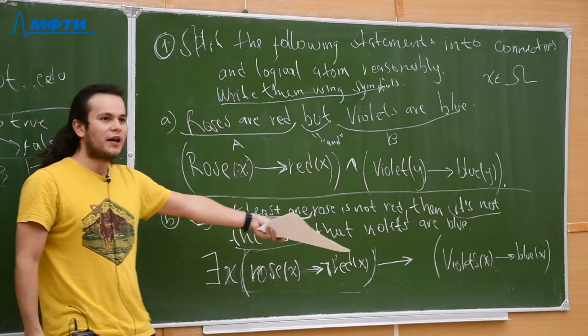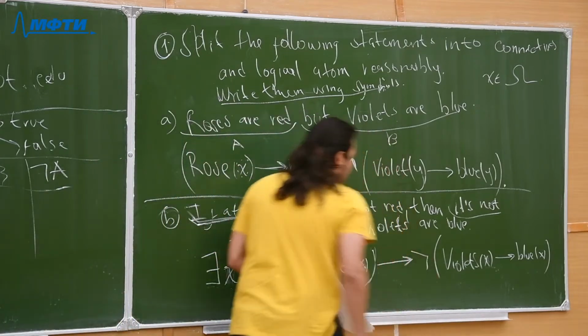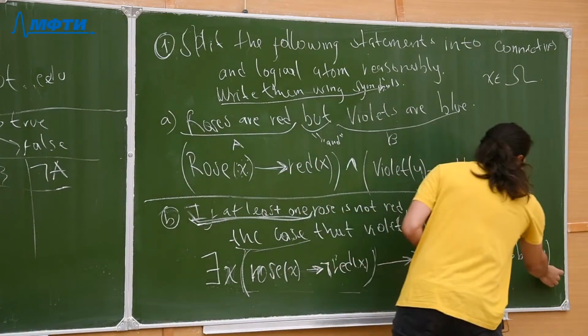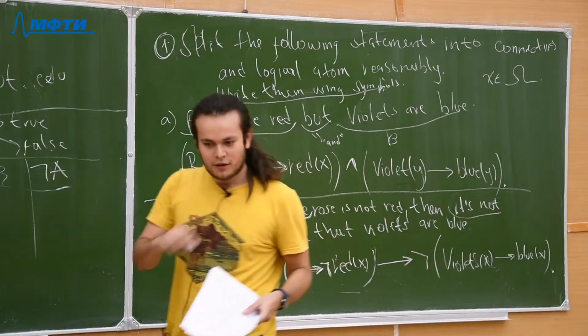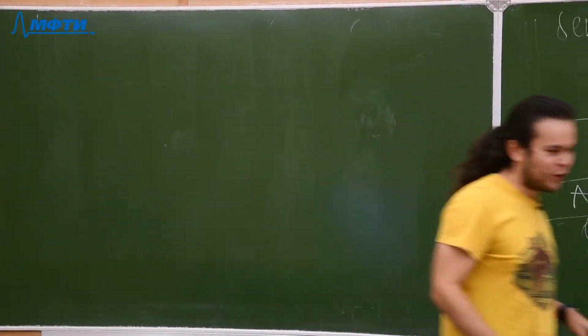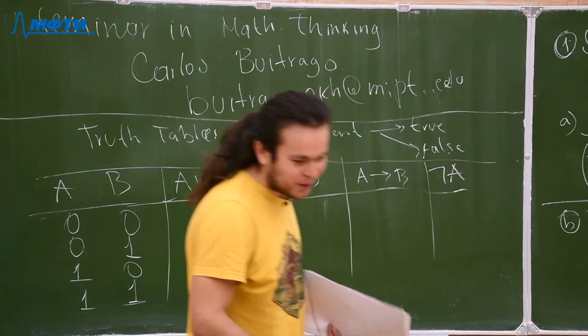What do we need to add to this sentence? Negation, yes. Okay? And that's it. So, as you can see, this is not very difficult by now. But anyway, we have more examples.